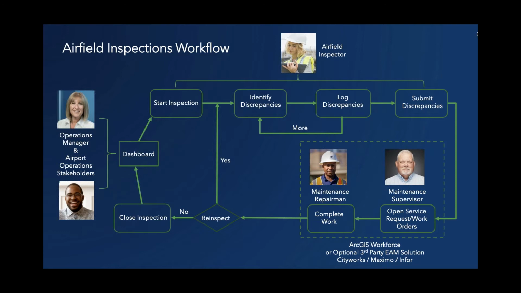The maintenance engineers, using their work order management and asset management systems, complete the work, the repairs, and when they're finished, they're able to automatically notify the inspector that the discrepancy that was originally identified can be re-inspected and eventually closed out. So we support this entire workflow. We capture data for the whole workflow, and so there's a complete audit trail for the FAA to review.